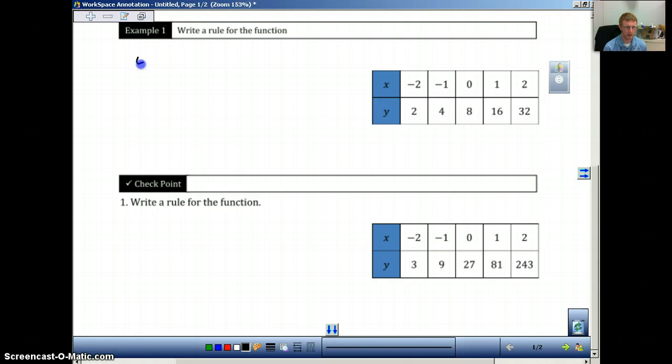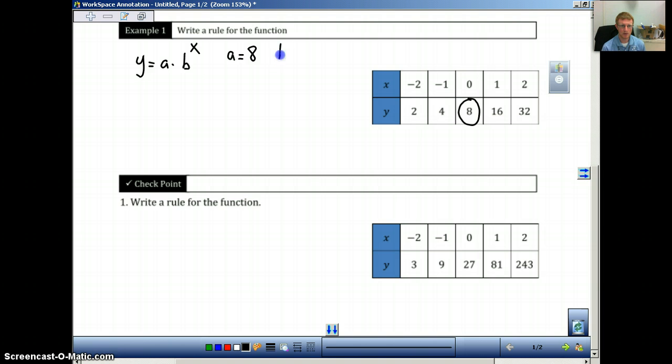So we know that our exponential model has to be y equals a times b to the x. We just talked about how we know what our a is going to be. Our a is based on what our y value is when x equals 0. So we look at this value right here, so a is going to equal 8.